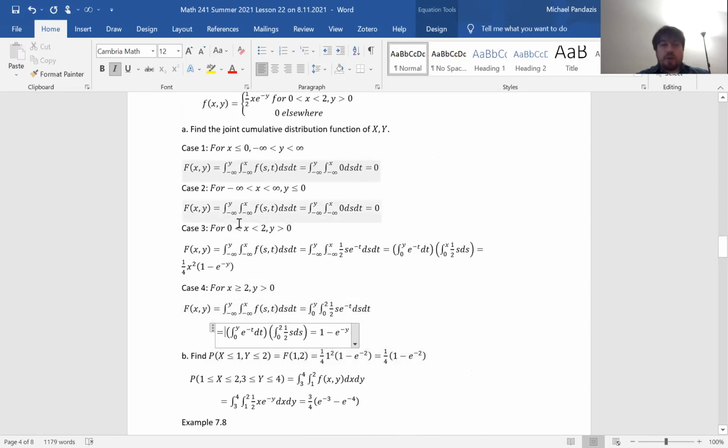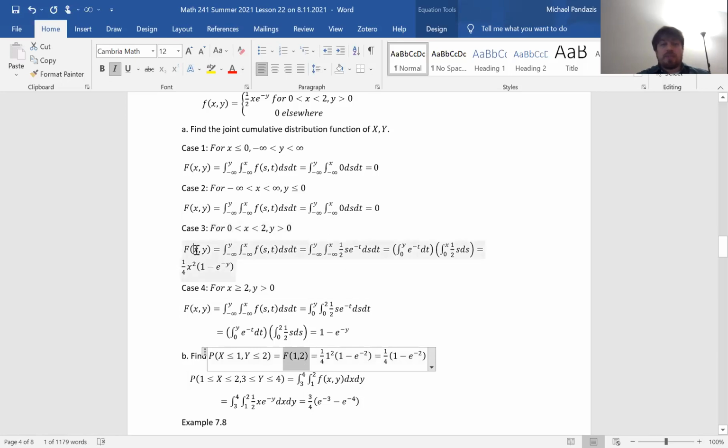So if x is 1 and y is 2, we're in this region here, because this is for x values between 0 and 2 and y positive. Okay, and it does not work here because x has to be greater than 2. It doesn't work here because y would have to be less than or equal to 0. It doesn't work here because x has to be less than or equal to 0. So there's exactly 1, which is what we want, and that's capital F of 1 comma 2.